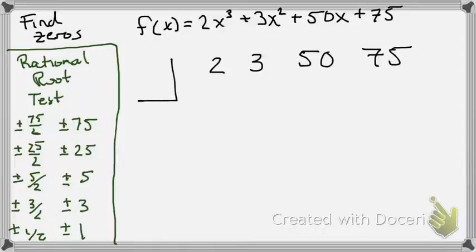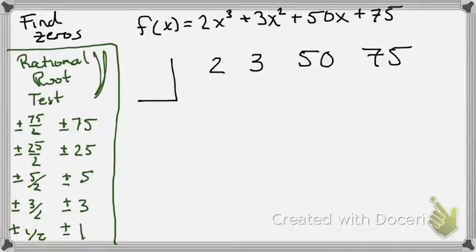The question becomes, what do I want to divide it by? Which one of these do I think will work to divide out that polynomial? And here's what I notice. We can get rid of a lot of options.